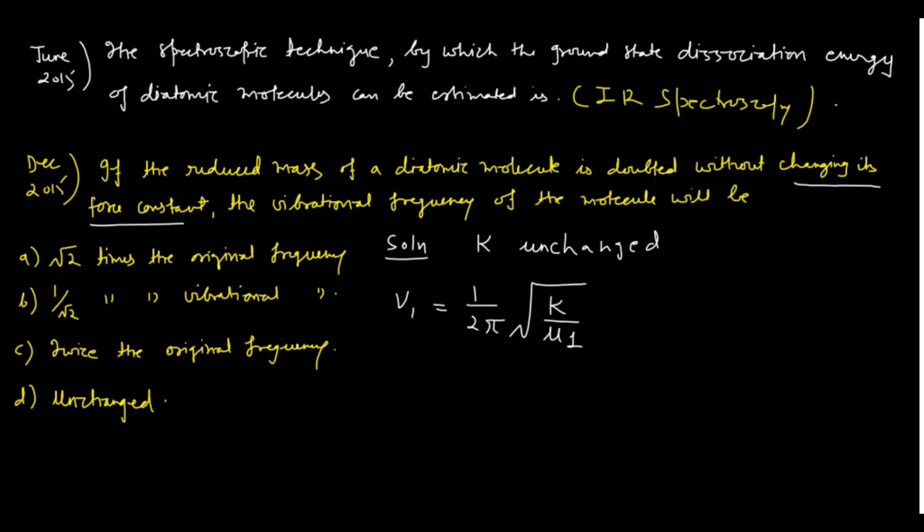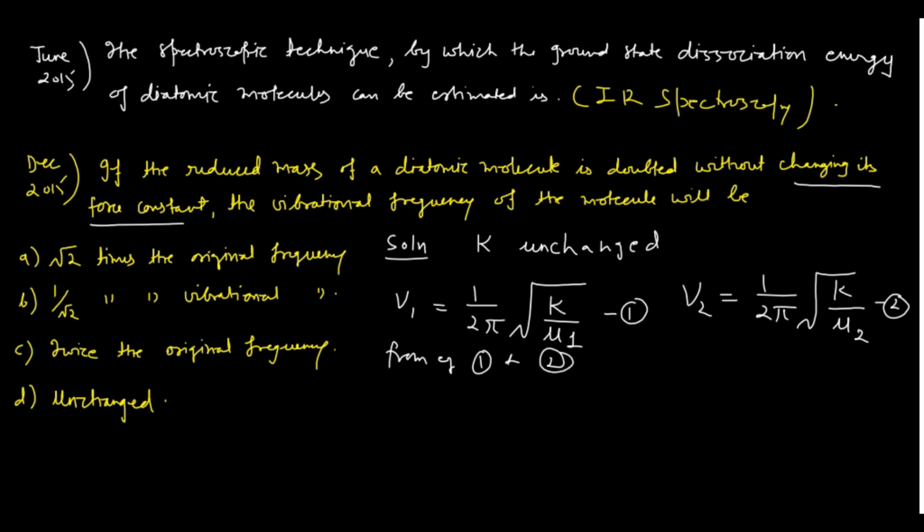Say this is equation number 1, and similarly you can write nu2 equals 1 on 2 pi, again K because the force constant is not changing, then mu2. Say this is equation number 2, and then you can take the ratio from equation 1 and 2. That means nu1 over nu2. So you can write nu2 over nu1 also. This will not make any difference actually.